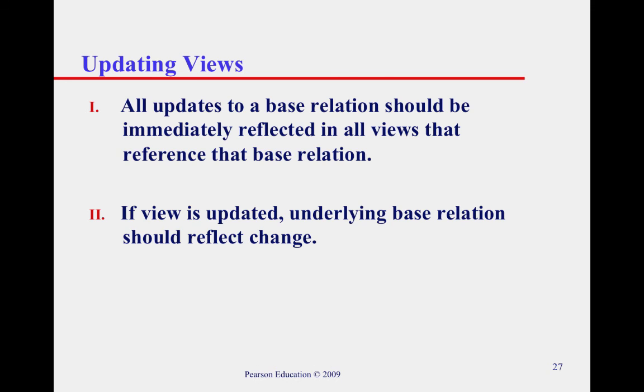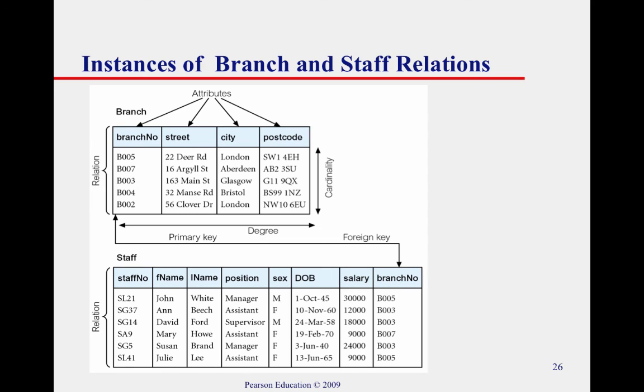And you could have a view from, as I said, multiple relations. So one view that I might want is the names of all people working at the branch at 22 Deer Street. So a view might be names of staff working at 22 Deer Road.